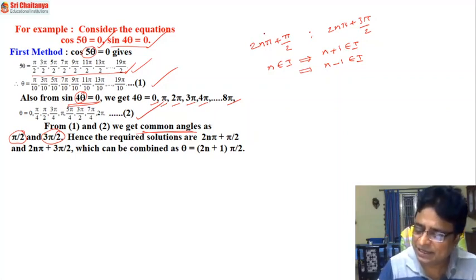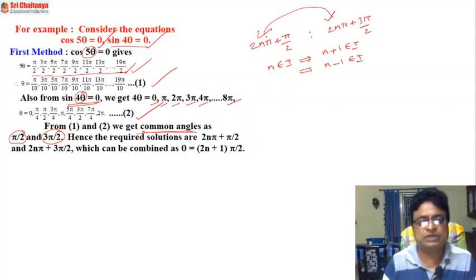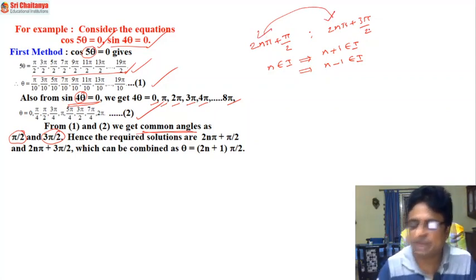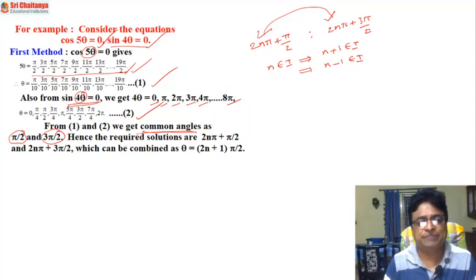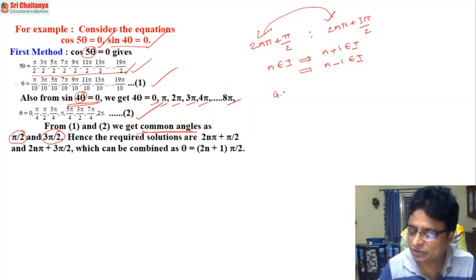Here, you observe in the previous solution, you got 2n pi plus pi by 2 as one solution and 2n pi plus 3 pi by 2 as another solution. By combining these two, I can write my general solution of theta as (2n plus 1) into pi by 2.